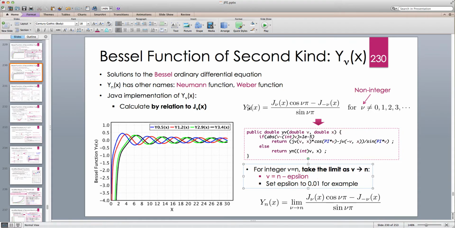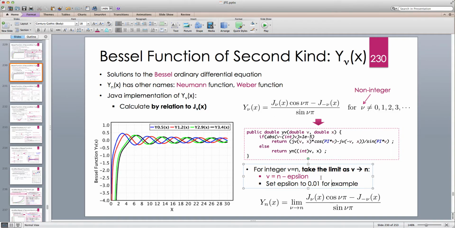So if I want to calculate Y1, I can set this nu to 1 minus some epsilon, which is 0.01, a very good approximation or a good number. So instead of calculating Y1, I calculate Y0.99, and it gives me a very good approximation of Y1.